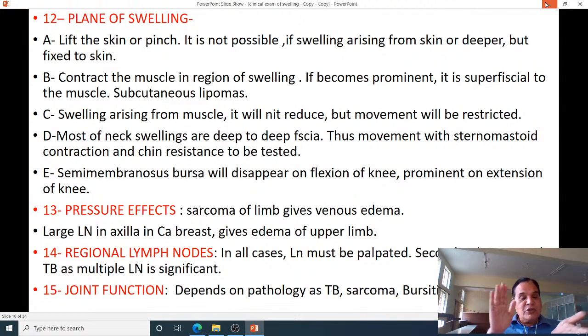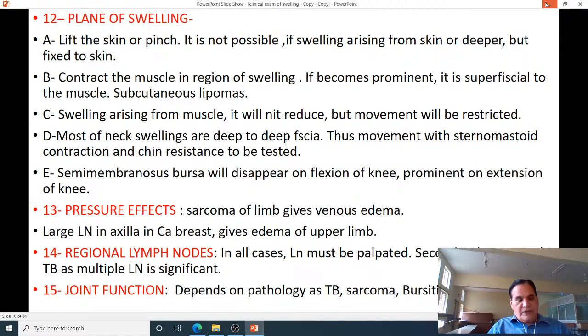And if it is deep to the muscle and deep fascia, it will be comparatively less in size. This is in relation to the sternomastoid contraction. Semimembranosus bursa of the knee joint will disappear on flexion of the knee and will become prominent on extension of the knee. Okay, these are the planes where the actual swelling is arising from.